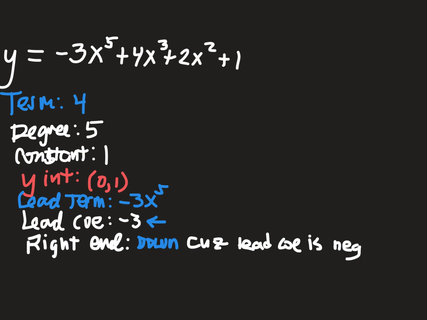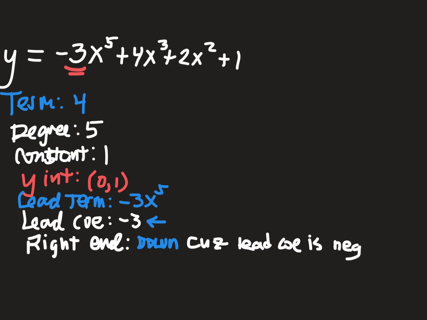If this is not negative, as in if it is positive, it will always be going up. And if that number is negative, it'll always be going down. It's that simple. No, nothing else that happens in the rest of the equation would change that. I think that's what you're asking. It's just an always thing. Okay, so the right end was down because the lead coefficient is negative.